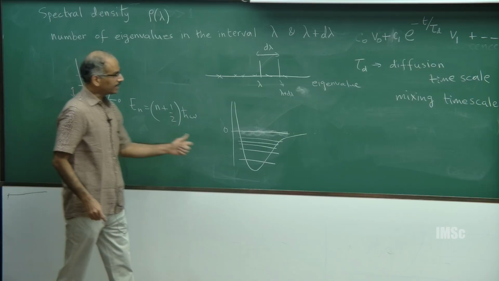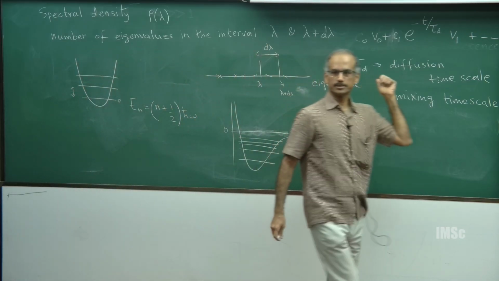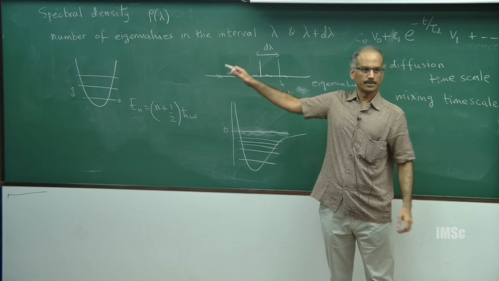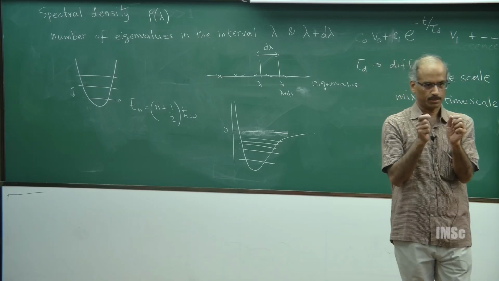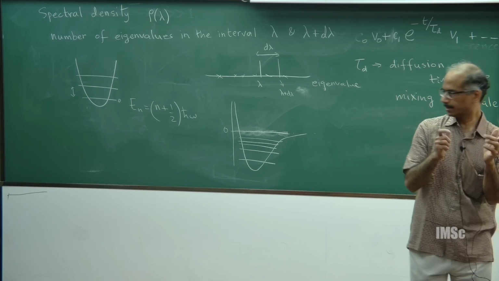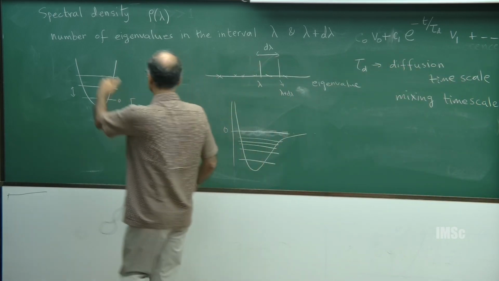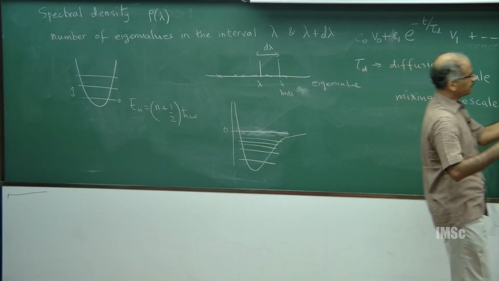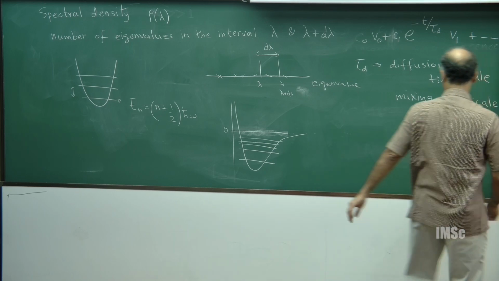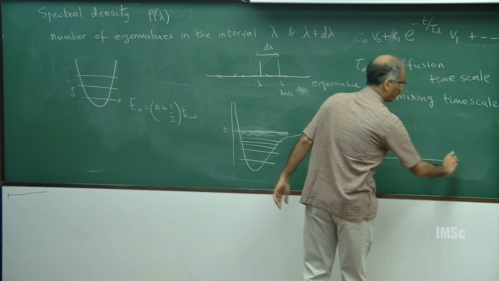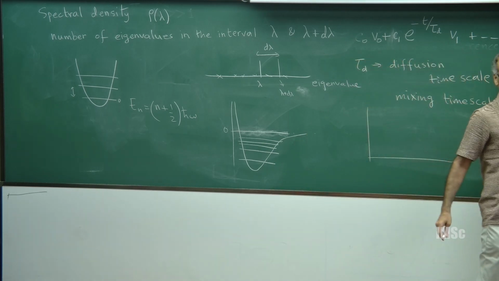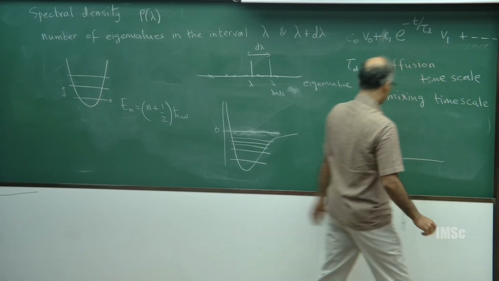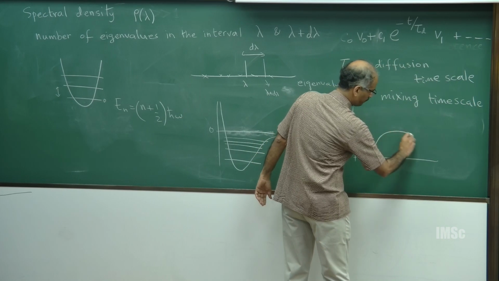So, that is quantified by this eigenvalue density. It tells you how crowded your interval is. If I take any network, compute the eigenvalues and plot them, for this ER network you will get what is called a semicircle.